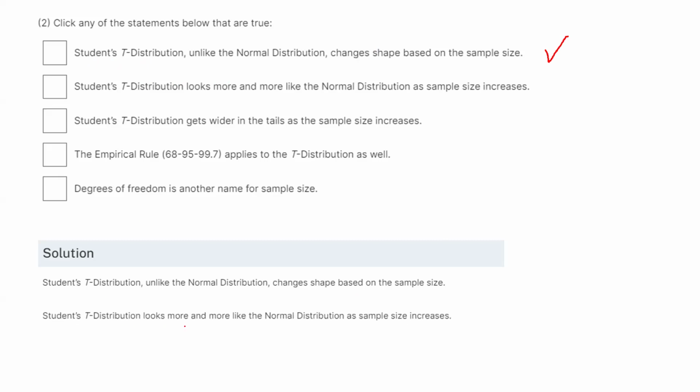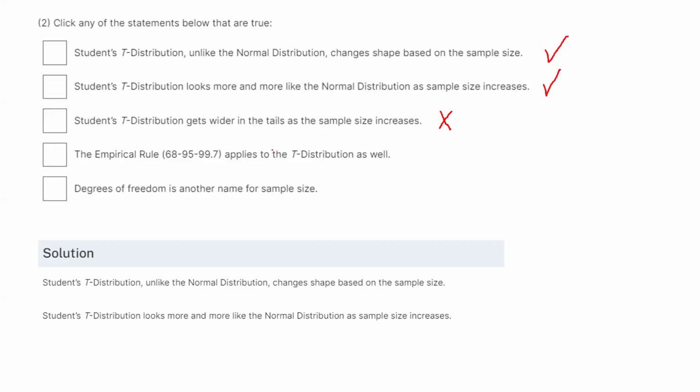Students' t-distribution looks more and more like a normal distribution as sample size increases. Of course, students' t-distribution gets wider as the sample size increases. Well, remember that it's getting narrower. It's getting more close to standard normal distribution.